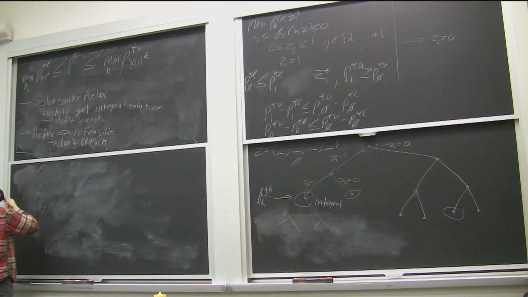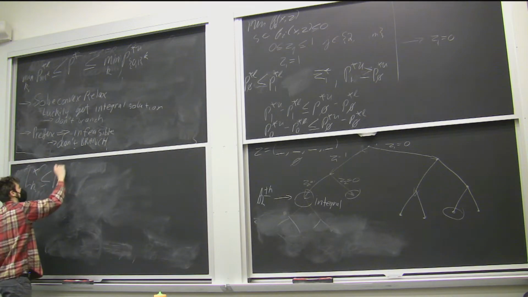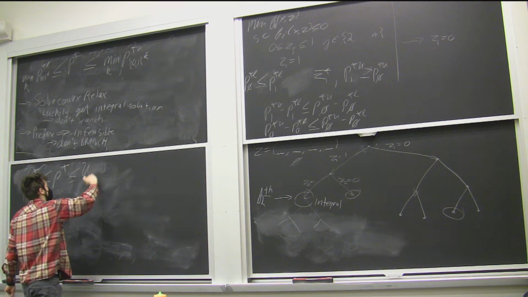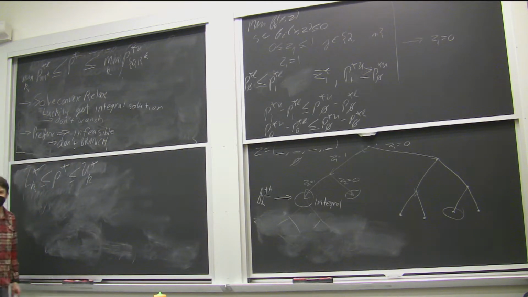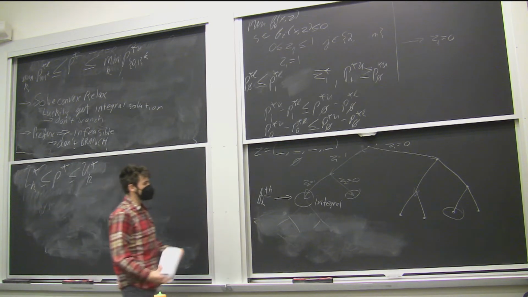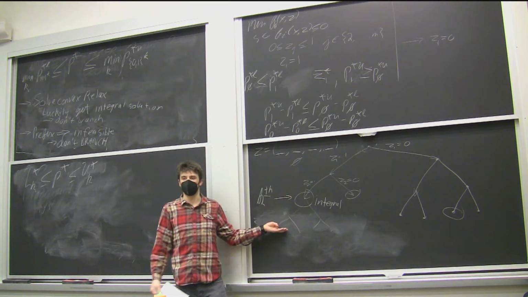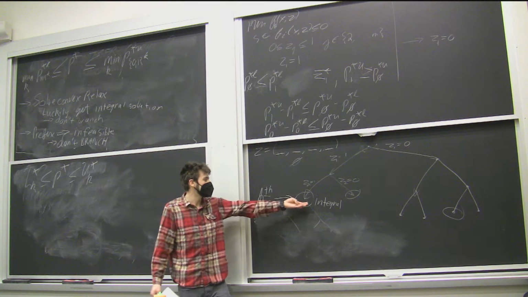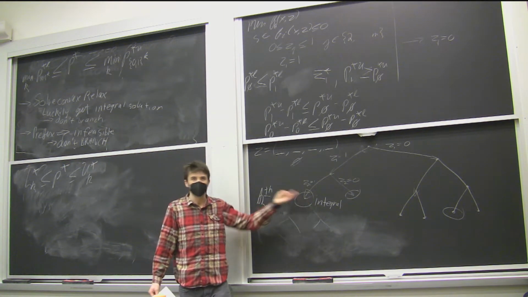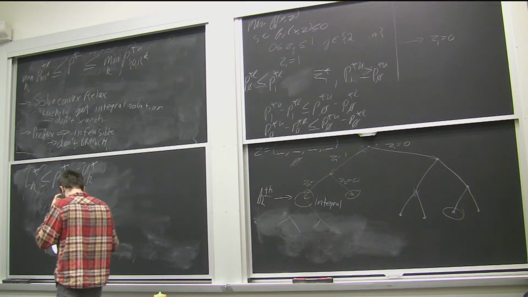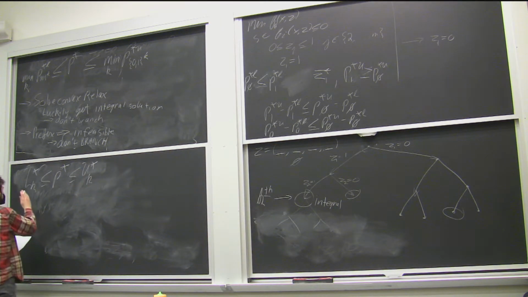Okay, now let's say at the kth level, we have our best upper bound and our best lower bound. I'm at the kth level, and I have some lower bound on my solution and some upper bound on my solution.